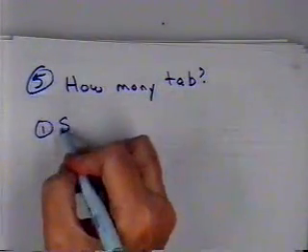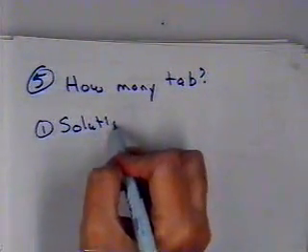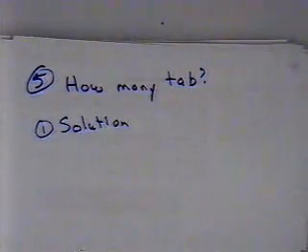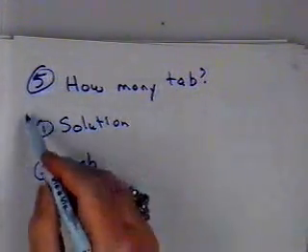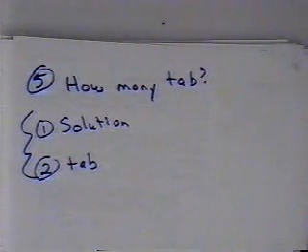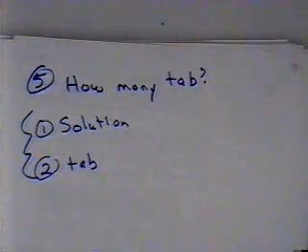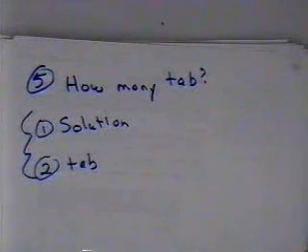We work the solution problem first. Work it as if it's a solution. Totally ignore the tablet. Once you get your answer to the solution, then you work the tablet problem. But we're going to have to work the solution problem, and then we're going to work the tablet problem.